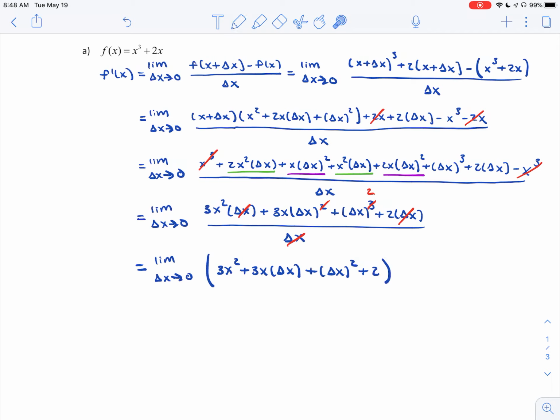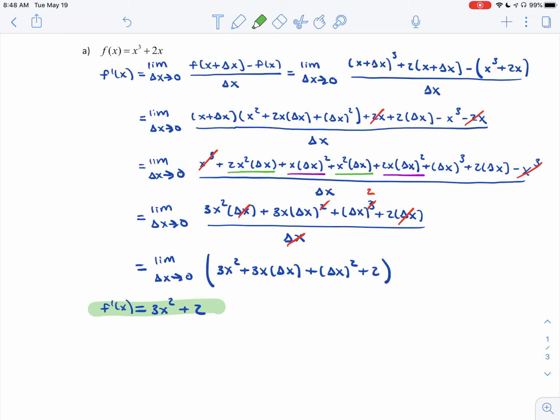So if we're looking for the limit as delta x approaches 0, we're just going to plug 0 in for all of our delta x terms, just using direct substitution, and we'll be left with our f prime of x is equal to 3x squared plus 2. And that is our final answer.